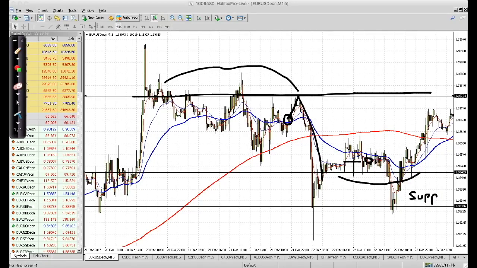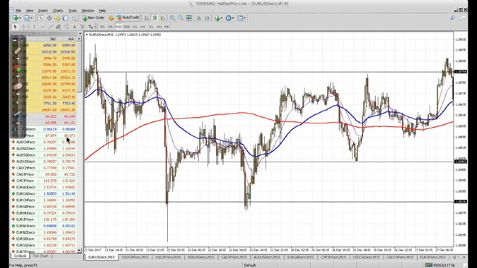I mean, you could still break the support and take a profit, but there's a higher probability that you sell, it goes down, it finds support and goes up and it hits your stop loss. Okay, and so that's why these support resistance levels are crucial to draw to help you make better entry decisions. All right, let's take a look at more examples.